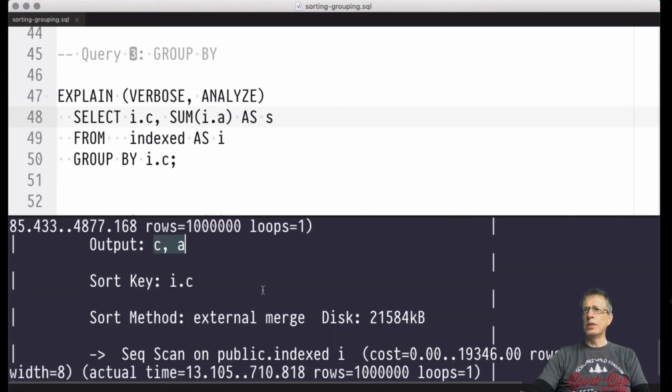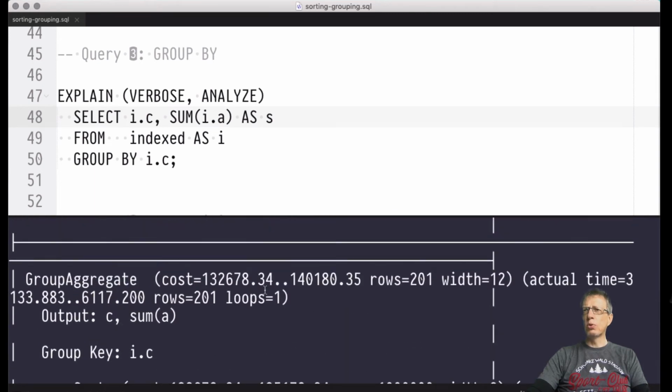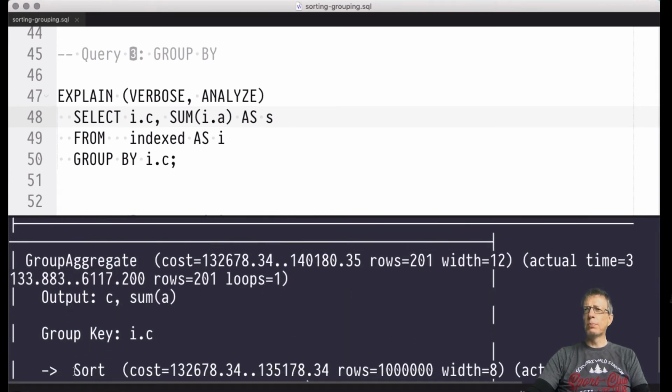Indeed, the actual grouping, let me scroll to the top here, the actual grouping is performed after we have done the sorting. So this group aggregate will then detect the group boundaries inside the sorted rows of the index table, and then will also perform the summation.